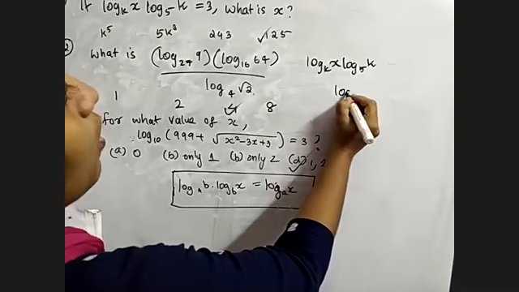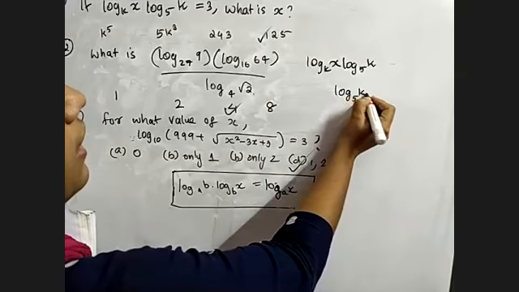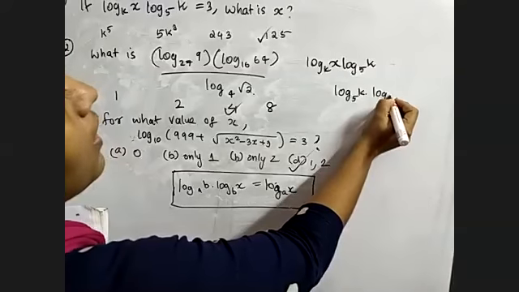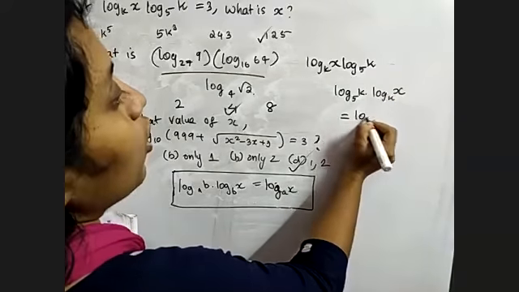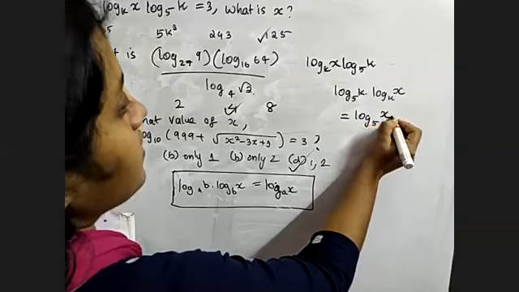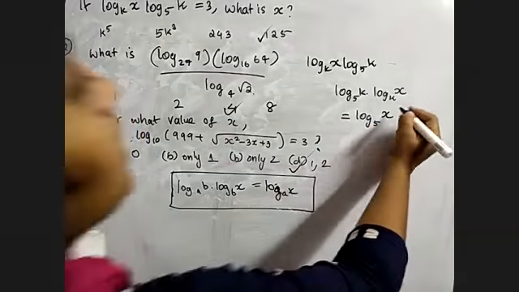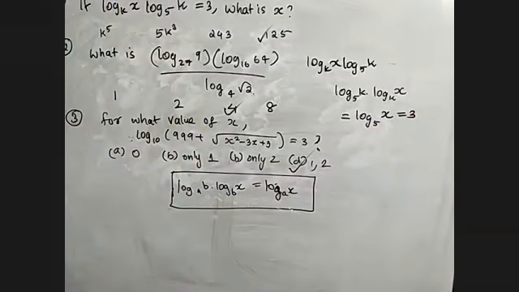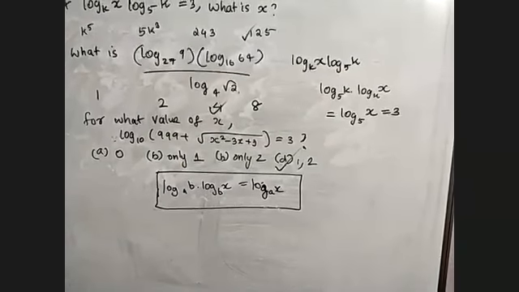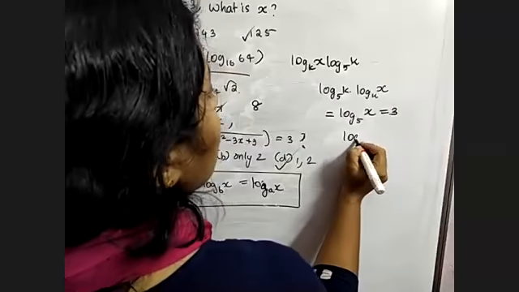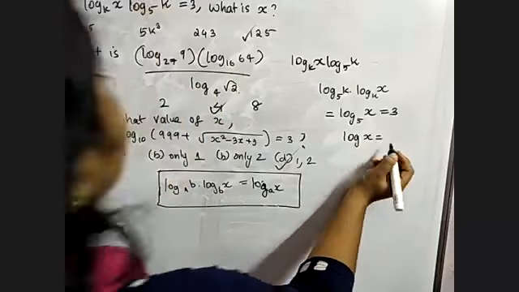That is log 5k into log to the base kx. So, this can be written as log to the base 5x and it is given as 3.